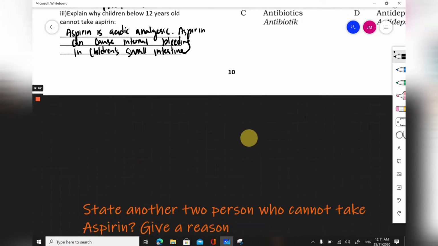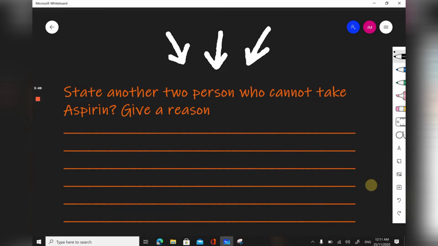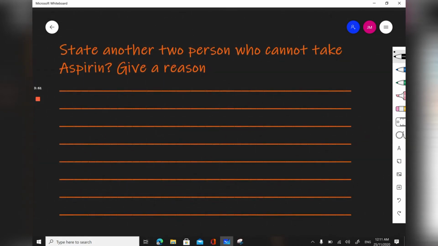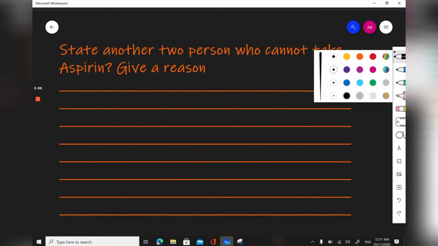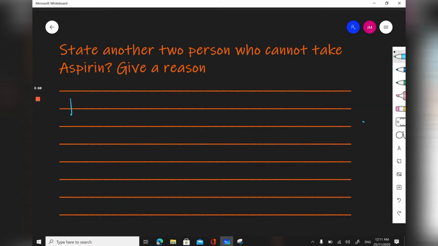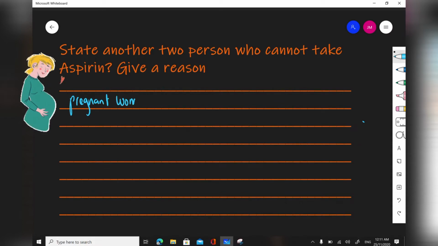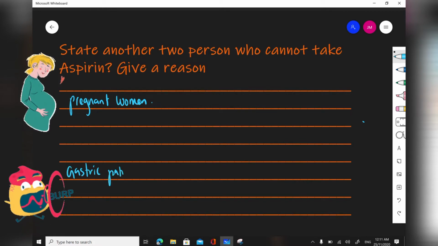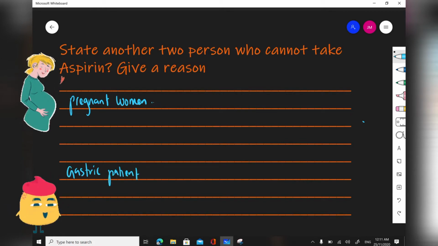Look at this question. State another two persons who cannot take aspirin. Give a reason. The first person who cannot take aspirin is a pregnant woman, and the second person who cannot take aspirin is a gastric patient. Okay, let's give a reason.